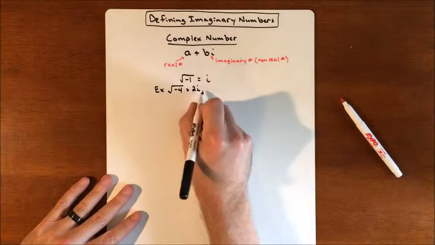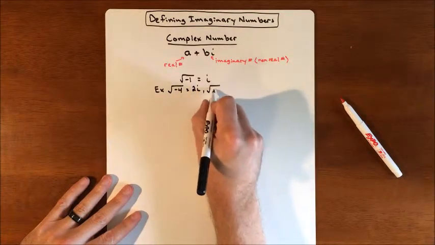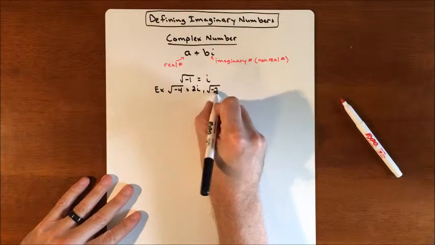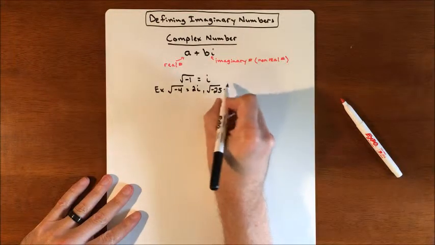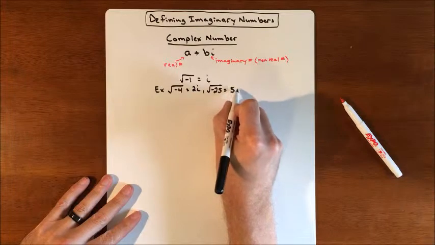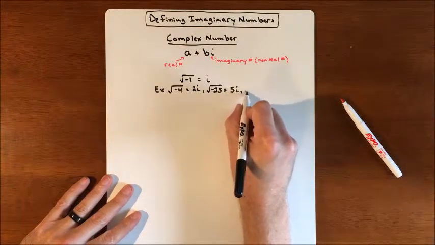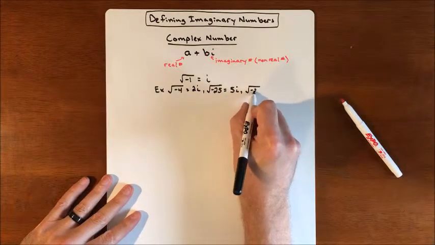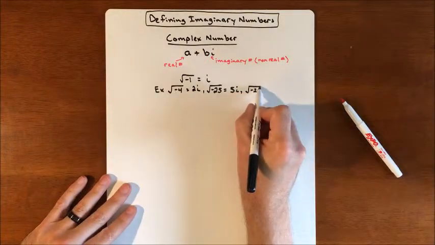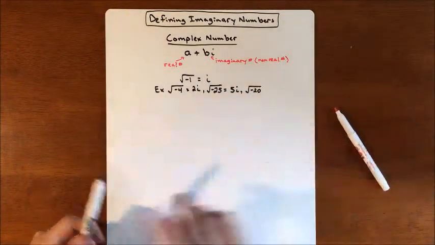And that's it. So if we square root negative 25, that just becomes 5i.